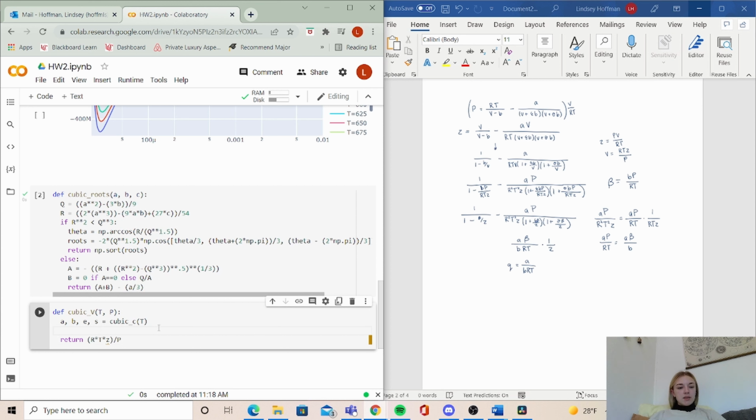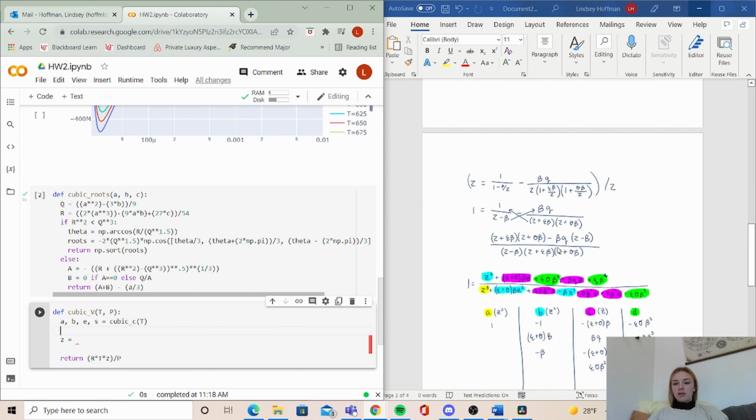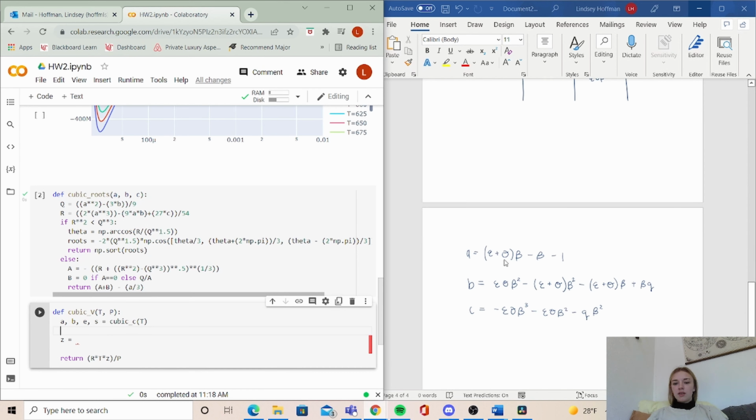So we know our R value, temperature, and pressure, but the Z is undefined here, so we know we're going to need Z. We also know we're going to need this beta here and Q, which we used in our coefficients.